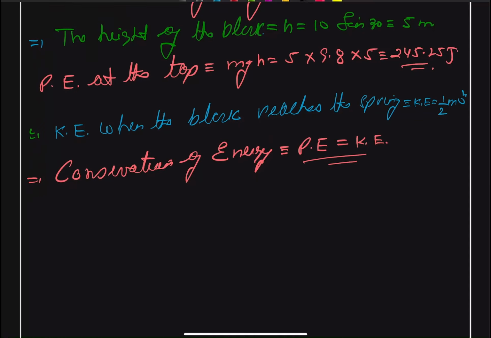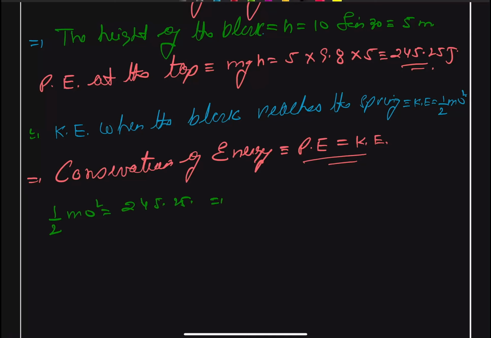Therefore we can say that half mv square will be equal to this, we got, 245.25.